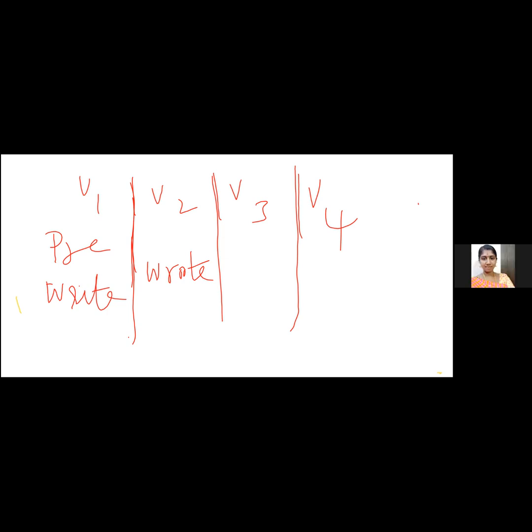What is V3 for write? Written. And V4 is nothing but verb plus ing. Writing. So this is the way you can easily remember.